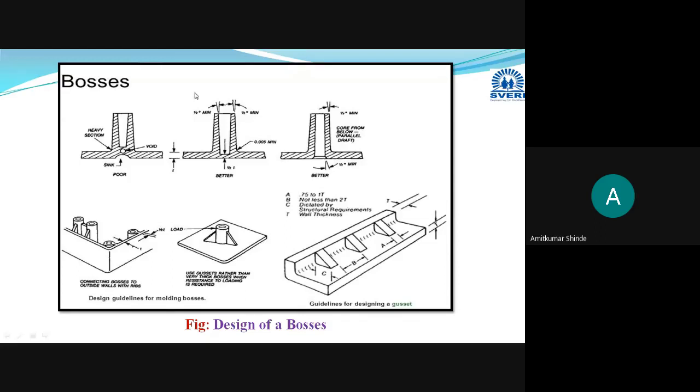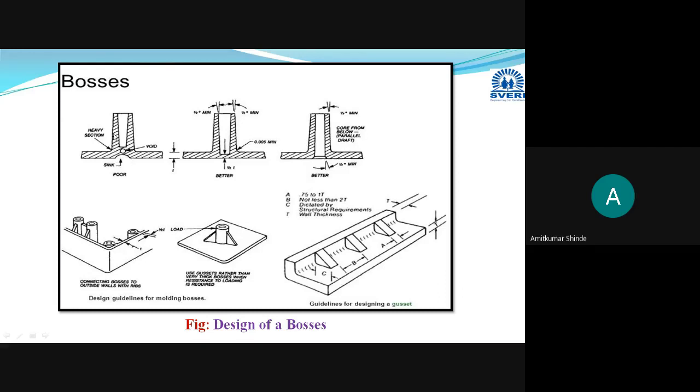Now, why we are providing this, we are trying to give the minimum thickness. Why are we going for minimum thickness here? Some defects: this is the void, meaning some air bubble or some gap will be there. And sink, this is the sink mark: material will get moved towards the opposite direction during solidification, and here shortage of material will be there, due to that sink marks are created.